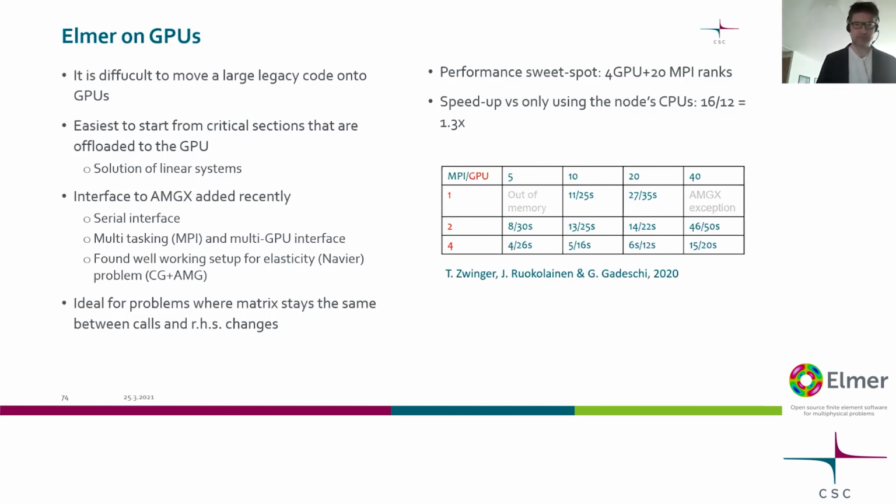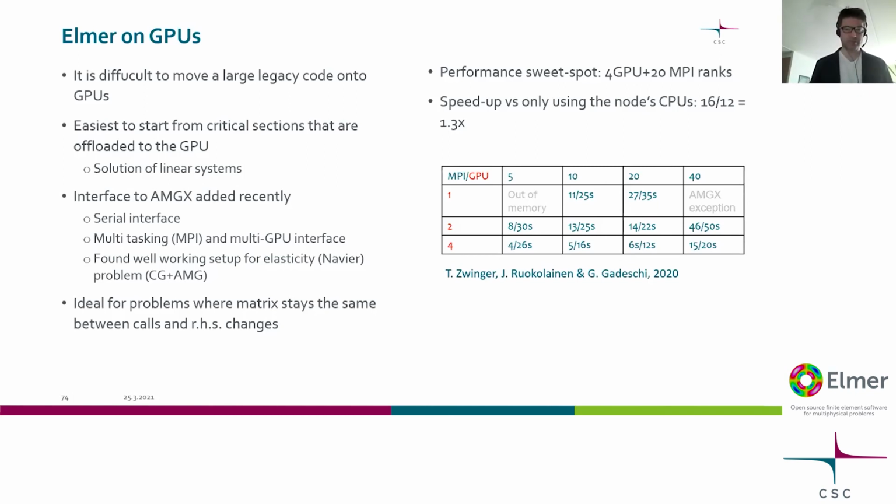This really only makes sense if you're on an HPC system with multiple GPUs, for instance. On the right-hand side of this slide, you can see some experiments done with the Navier equation, so linear elasticity, with a combination of different MPI tasks and GPUs from our Puhti system.